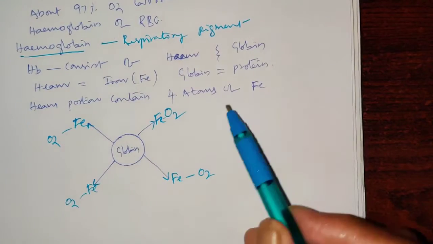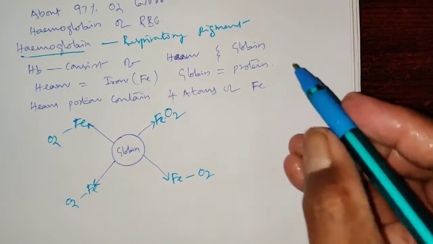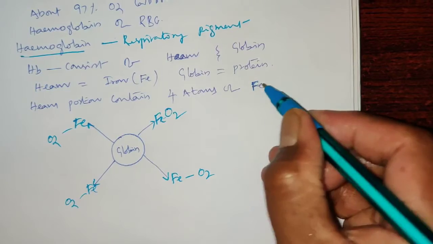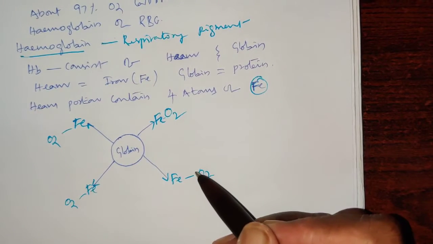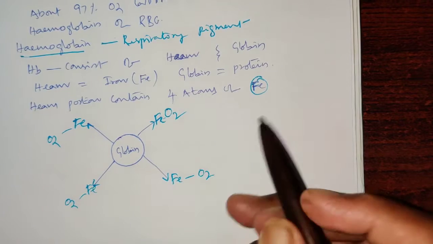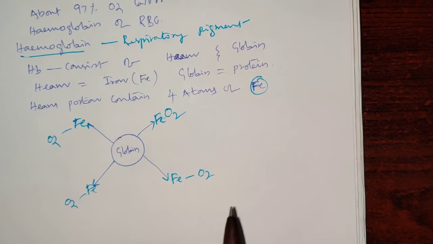So the heme portion contains 4 atoms of iron. Now each hemoglobin contains 4 iron atoms, and the globin is a protein.